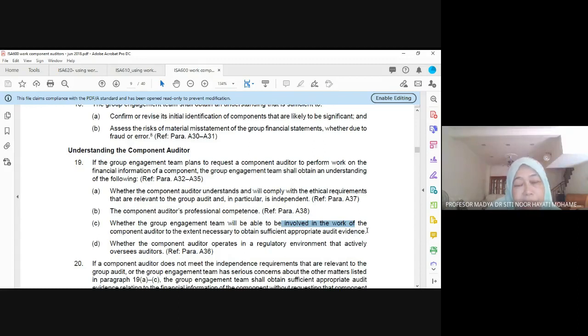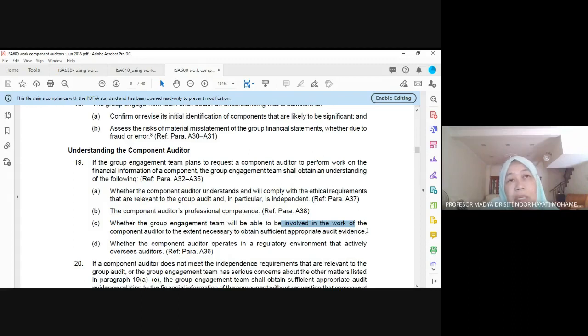So if a lot of information needs to be used from the component auditor by the group auditor, then that means that component auditor work is going to be significantly affecting the group auditor's work.